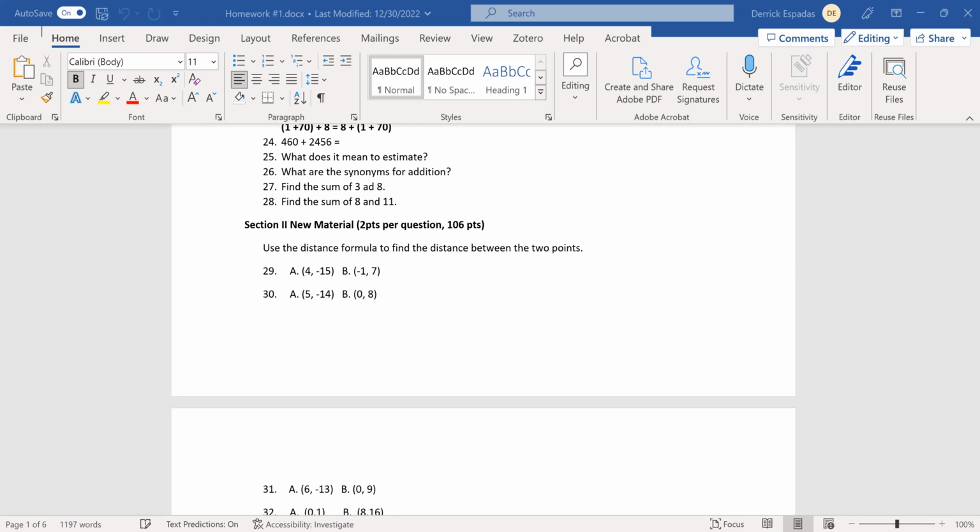So we take x2 minus x1, and you can already see that that one's going to be a little different than what we've seen. And then y2 minus y1. And now y1 is negative 13. So the negative and negative make a positive. So now we actually have positive 13.